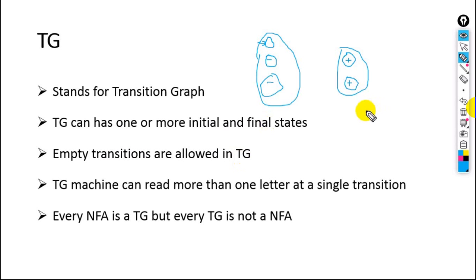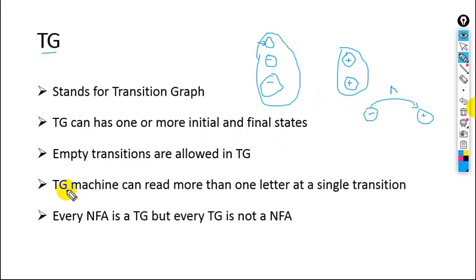For example, if we have an initial state and a final state, we can also have an empty transition just like this. This is an empty transition, a null transition. This transition has no letter. It's like NFA, we also have empty transitions in TG.